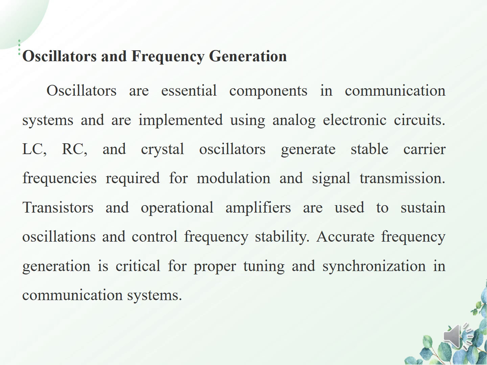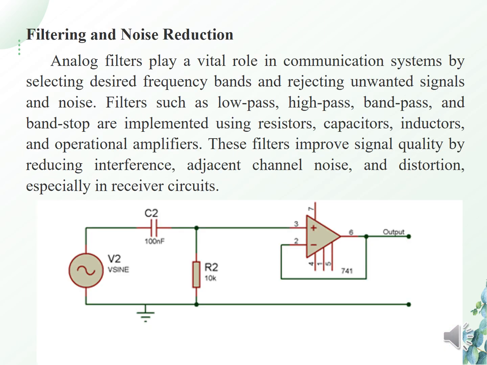And next is oscillators and frequency generation. In communication systems we need to generate waveforms, and these waveforms are generated with the help of LC, RC and crystal oscillators, which can be used to produce a stable waveform, and this is done by analog electronic circuits. And the next is filtering and noise reduction.